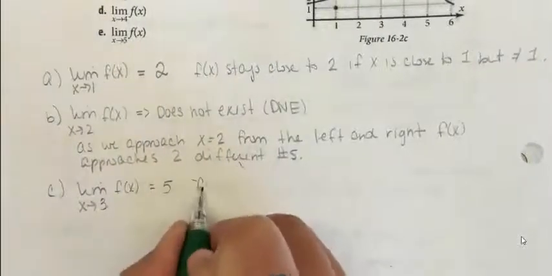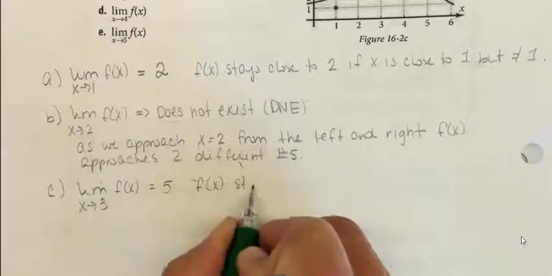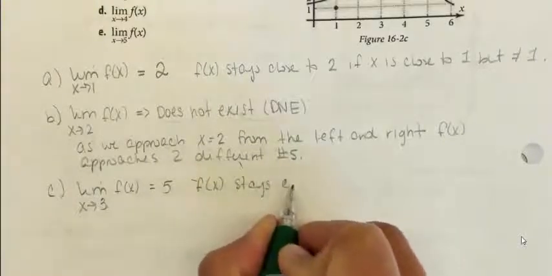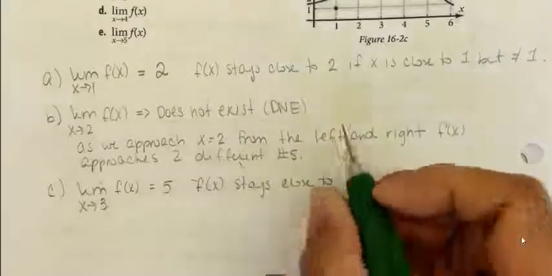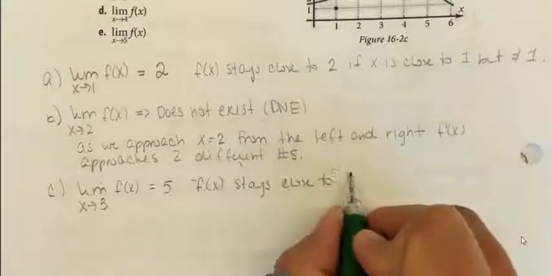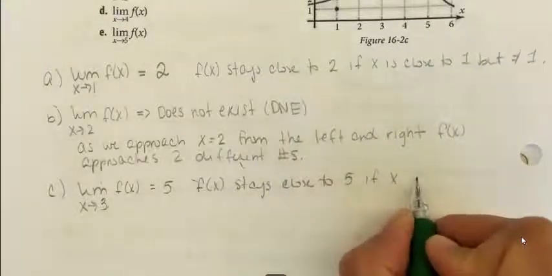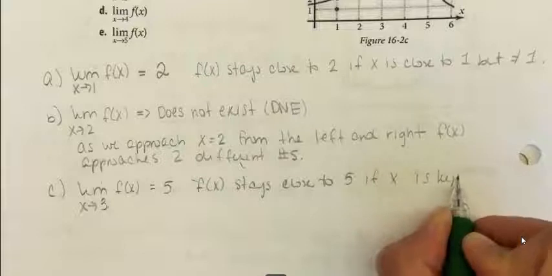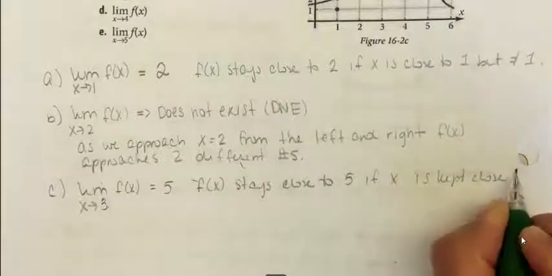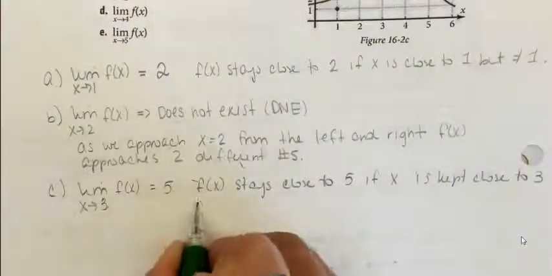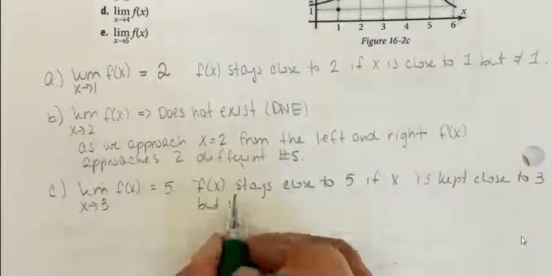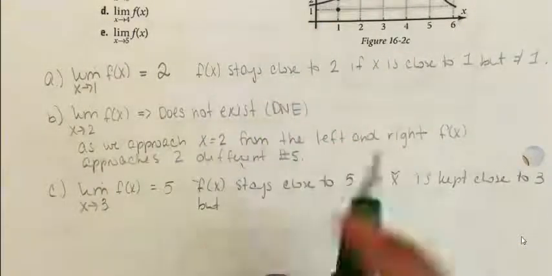We can say that f of x stays close to 5 if x is kept close to 3, but not equal to 3.